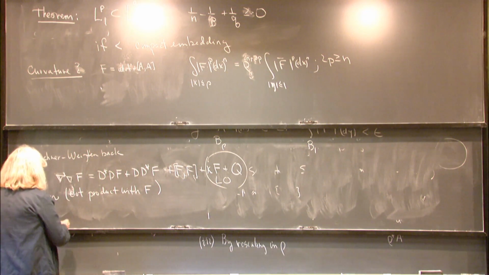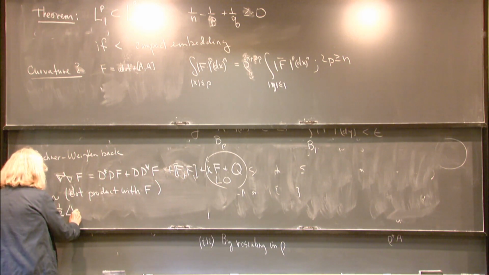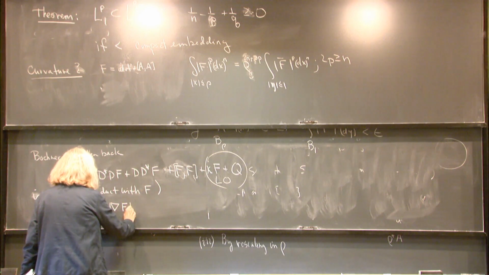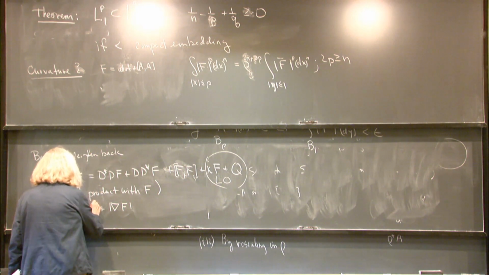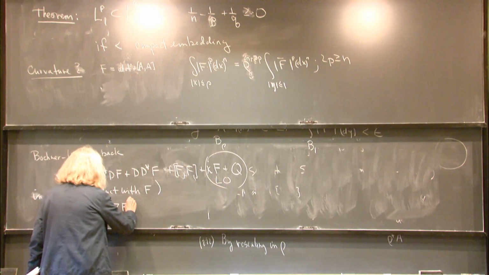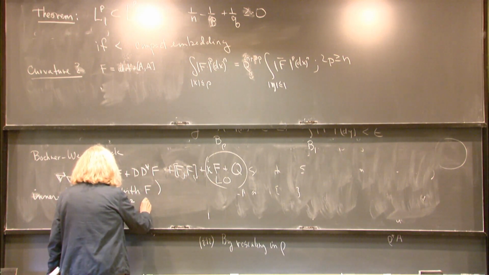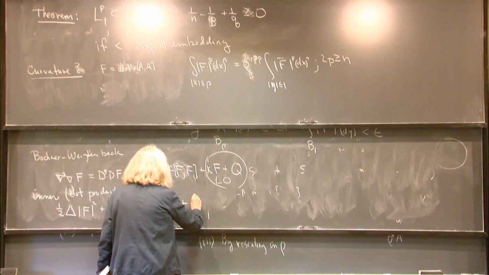If you take the dot product and massage it a little bit, you'll get that the Laplacian of F plus the full covariant derivative of F is less than or equal to F cubed plus lower order terms.